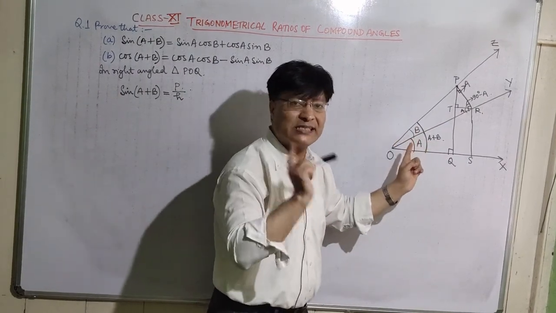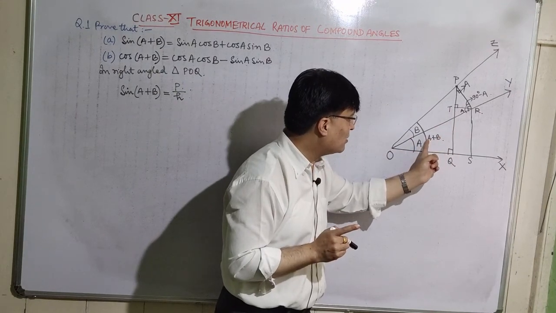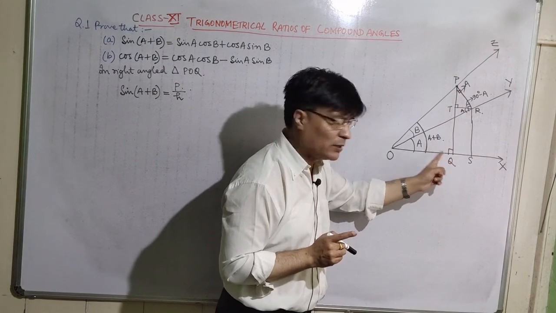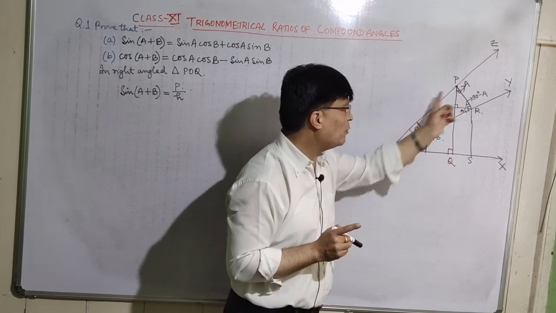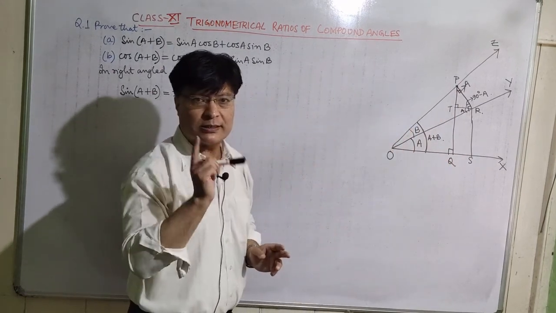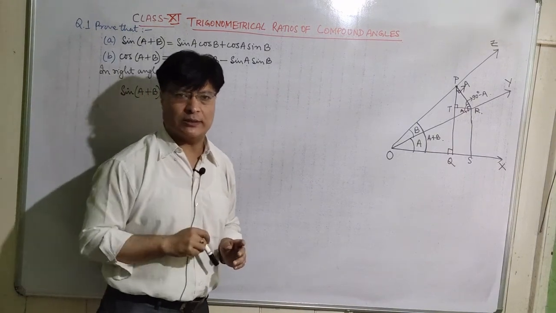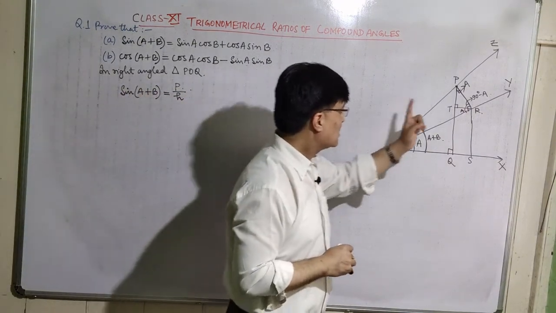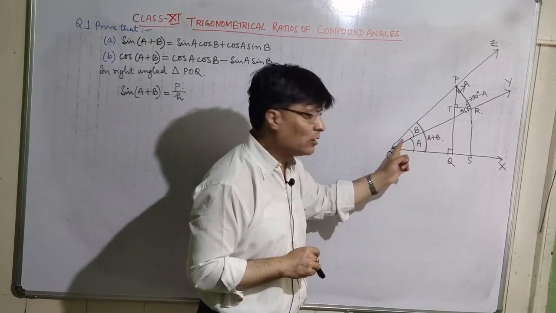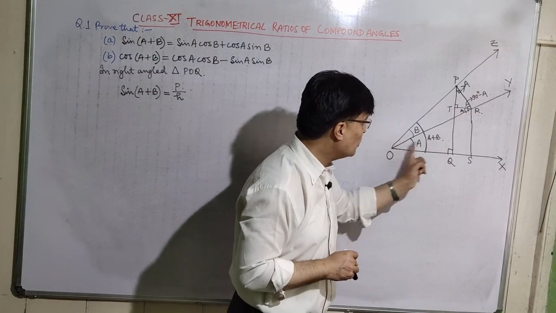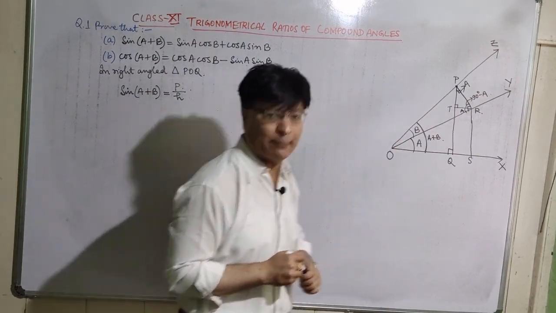And the side opposite to this angle A plus B will be the perpendicular. This PQ will be the perpendicular, OQ will be the base, and OP will be the hypotenuse. The side opposite to the angle considered will be the perpendicular. Okay sir? That is, PQ will be the perpendicular, OQ will be the base, and OP will be the hypotenuse.